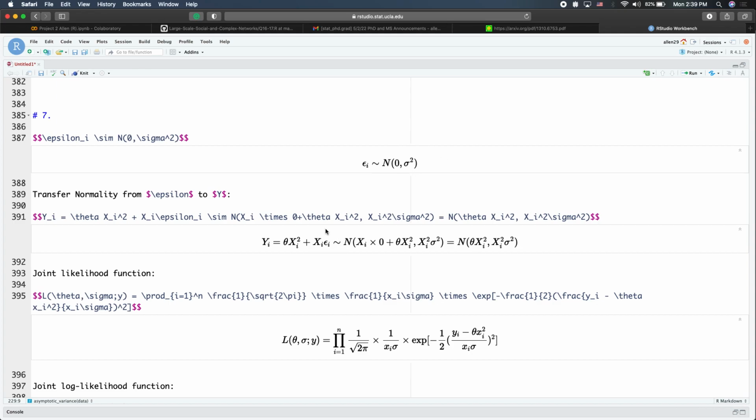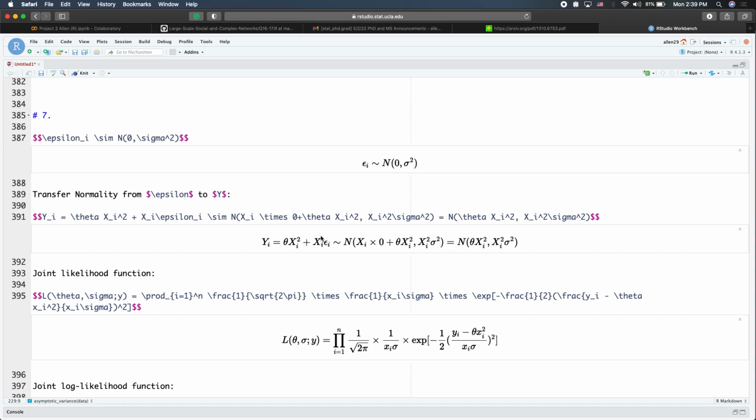Then for the variance, we have xi multiplied by epsilon i. When we do the multiplication, the coefficient gets squared, so xi multiplied by epsilon i gives xi squared multiplied by sigma squared. This is the variance.